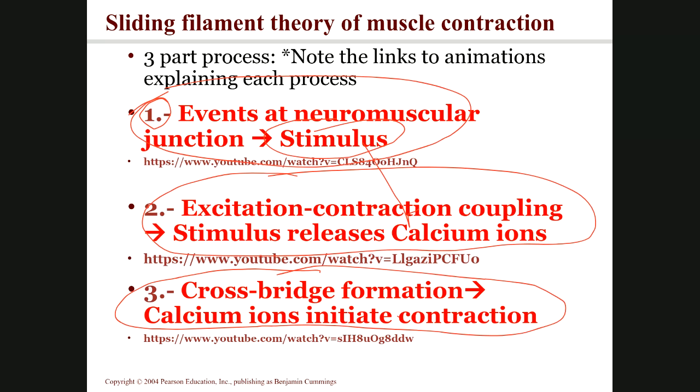So those are the three steps of the sliding filament theory: the stimulation, the coupling between the stimulation and release of calcium ions inside the muscle cell, and then calcium ions initiate the formation of cross bridges, which are the actual contraction.